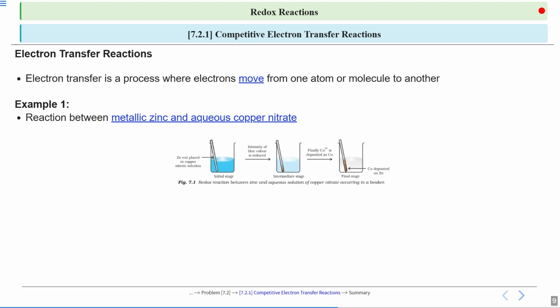In the provided image, you can clearly see a beaker filled with a blue solution, and a rod placed in it. The rod is of zinc, placed in a copper nitrate solution, which is blue in color.